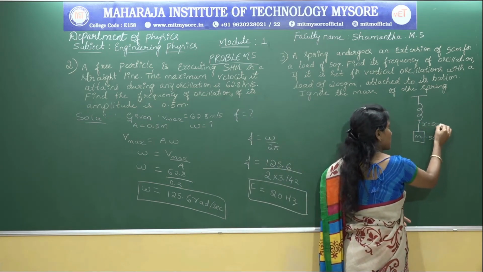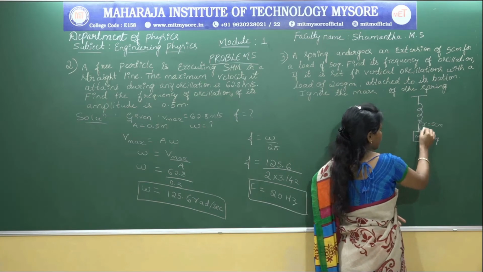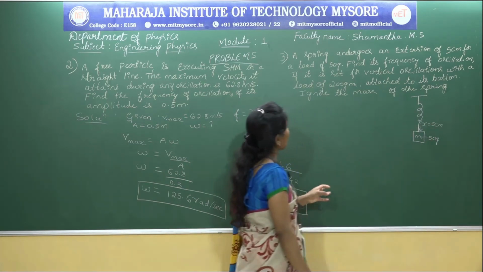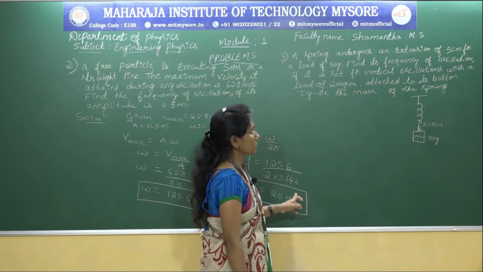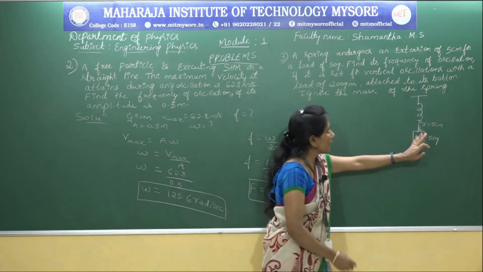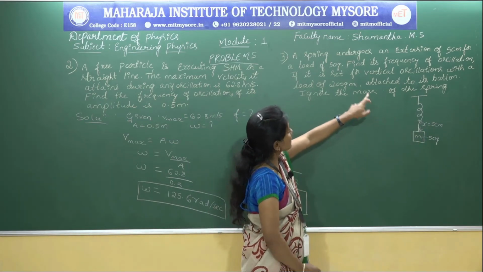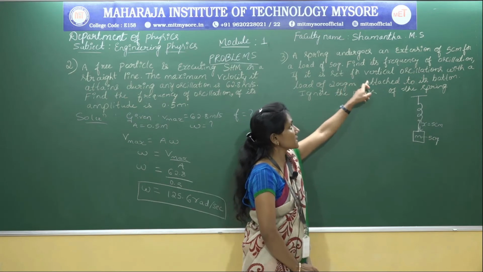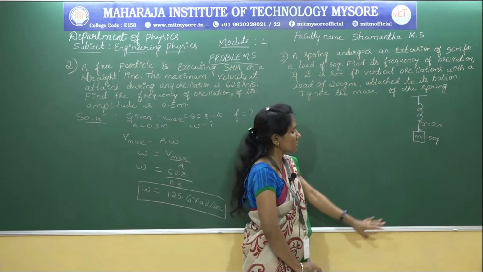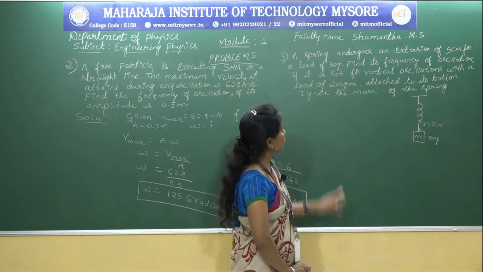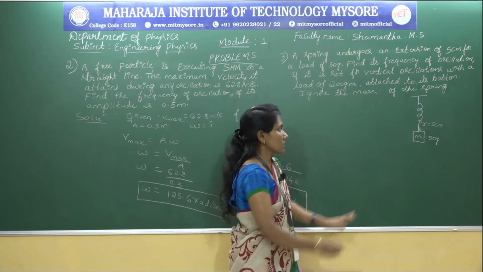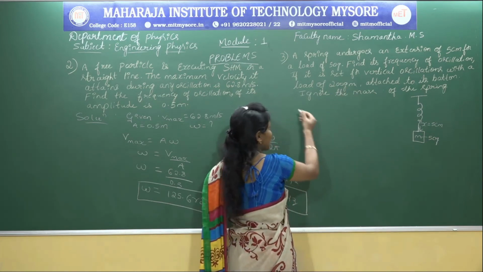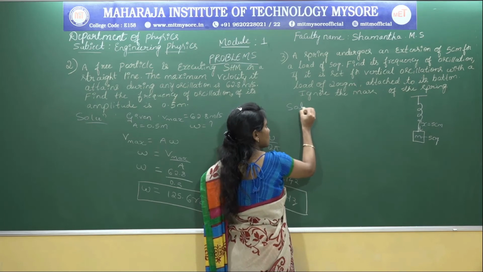That extension is 5 centimeter. At this point, first we find the spring constant, and next find its frequency of oscillation if it is set for vertical oscillations with a load of 200 gram. So that is next. First we have to calculate the spring constant, that is the solution.